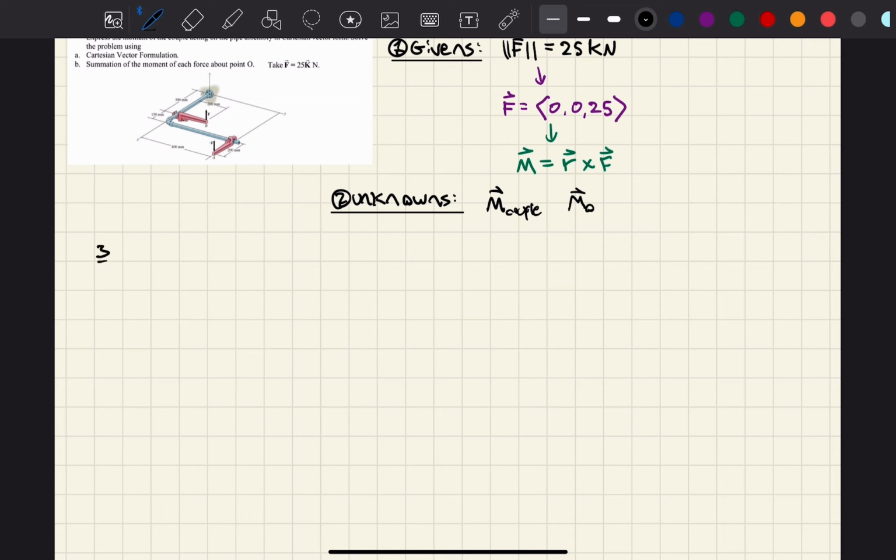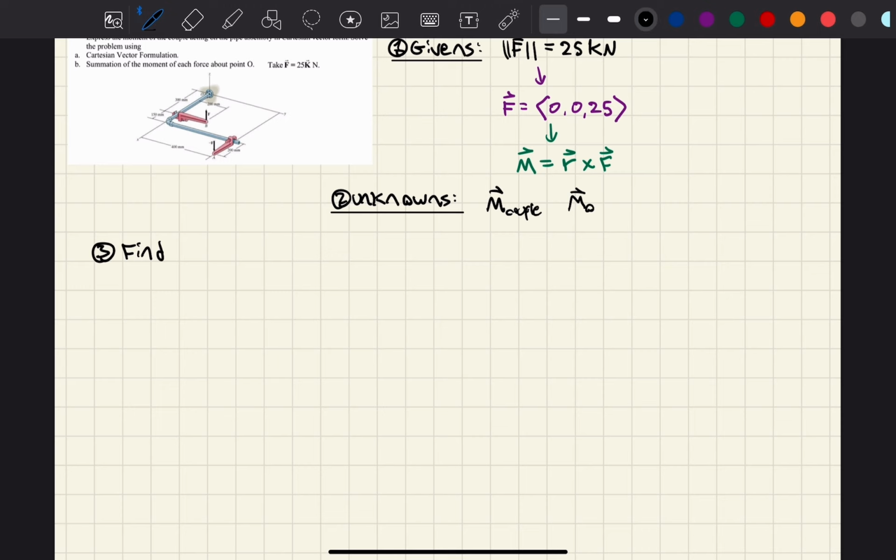We're going to start off with finding all those position vectors. Again, we said we wanted three. For part A, we wanted from A to B, so we want RAB. For part B, we want two vectors. We want from O to B, and then from O to A.